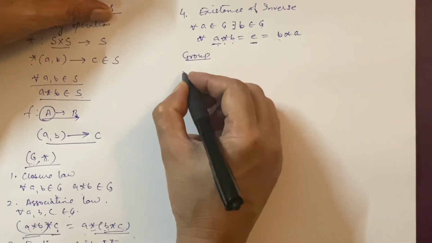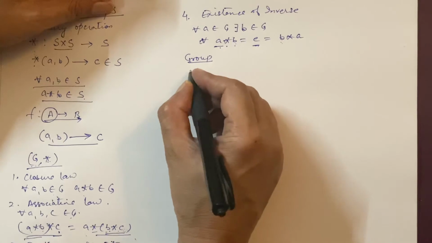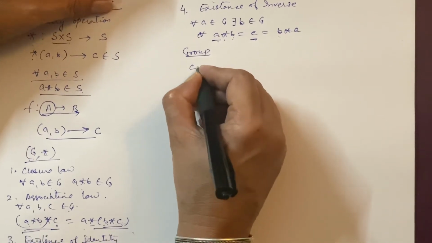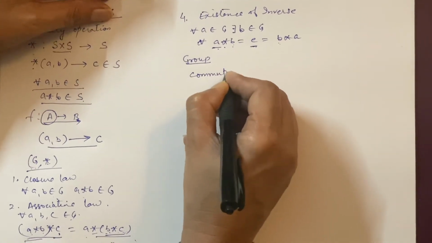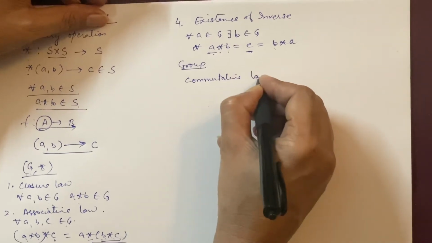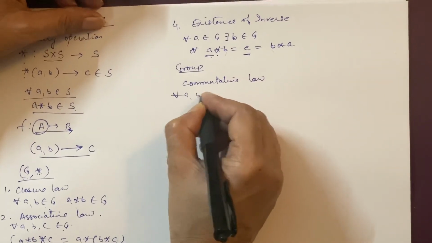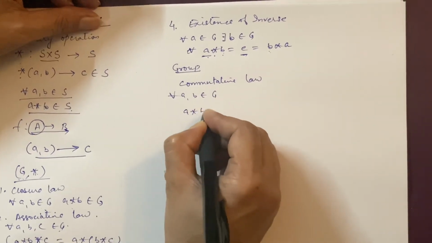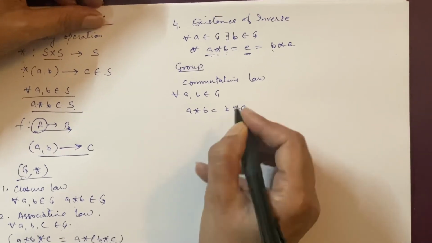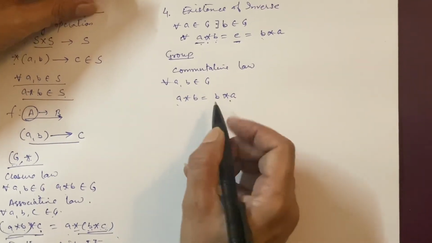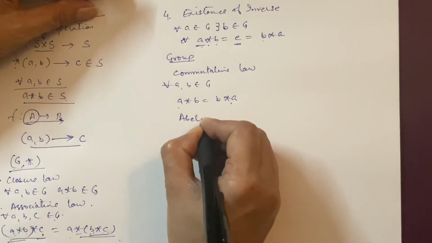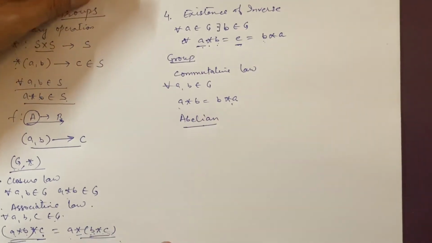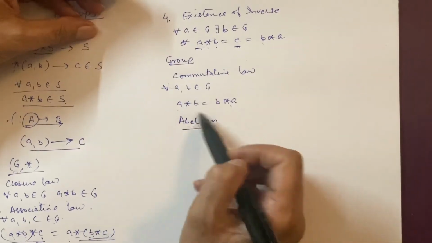In addition to these four properties, there is one optional property, that is the commutative law. For all a, b belonging to G, if a star b is equal to b star a, then we say that the group is abelian. This is an optional property.